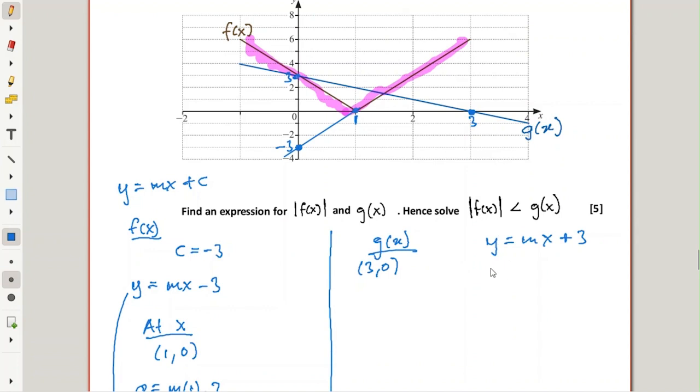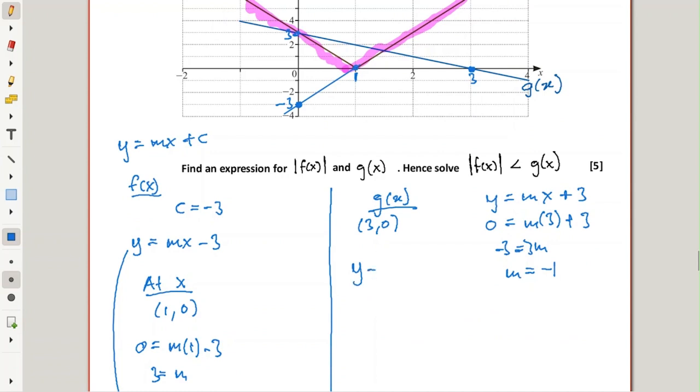So you just put the point here, 0. The gradient you don't know, your x is 3. Okay, so if you solve this one, you're going to get 3m, when this one comes here, minus 3. So m is going to be -1.